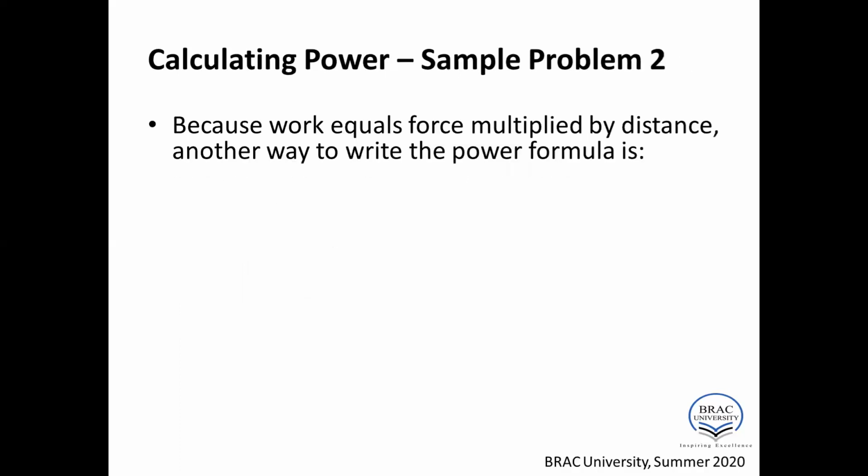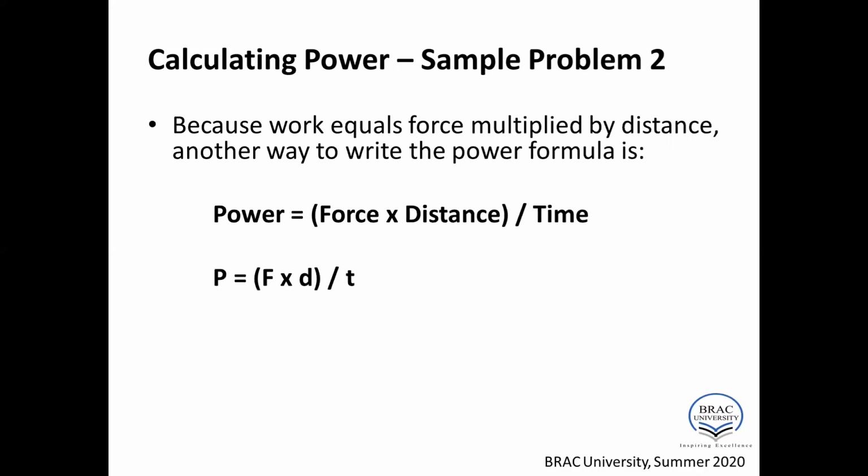Now let's see another thing. Because work equals force multiplied by distance, another way to write the power formula is, if we relate power with force and distance, power is equal to force into distance divided by time. The force into distance represents the work done.